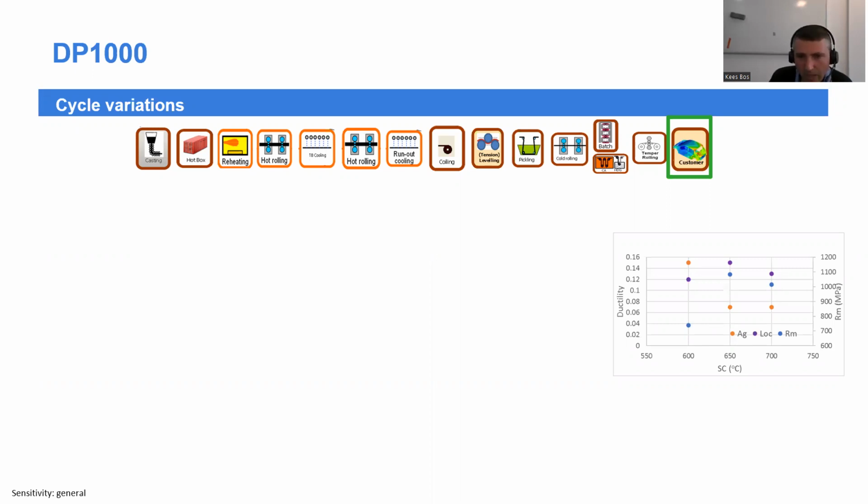If you look at the response in terms of formability, we see that this low strength translates into a high AG, so that's the uniform elongation. But if you look at the local ductility, so that's your hole expansion performance, we see that this is not really improving.